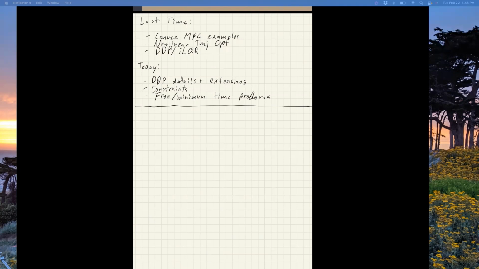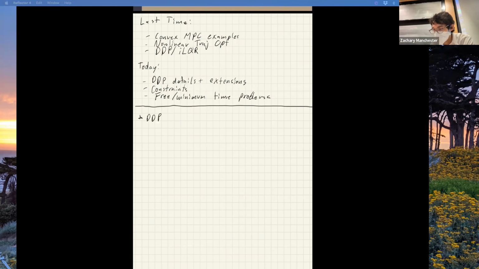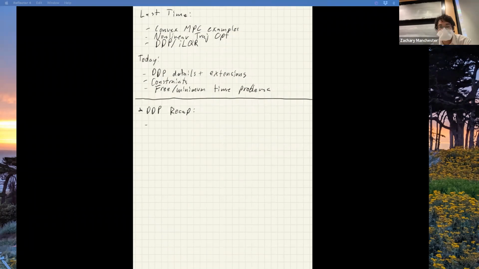No? Good. Okay, cool. So as a quick recap, I'm going to write down the DDP thing again, since we were very much in the weeds last time in deriving it. Just to summarize, DDP is a method for solving what we'll call the following unconstrained trajectory optimization problem. So it looks like this, right?